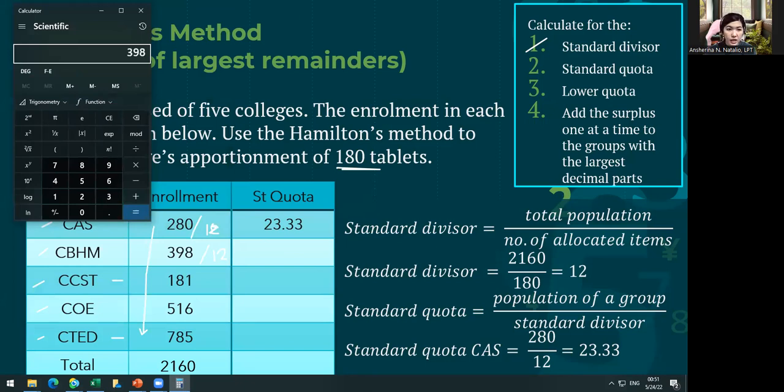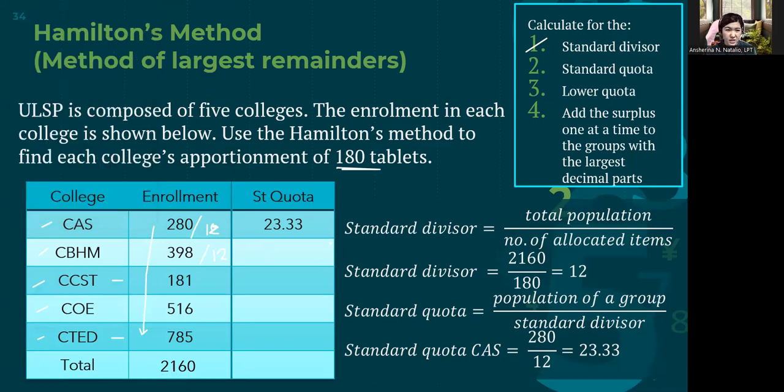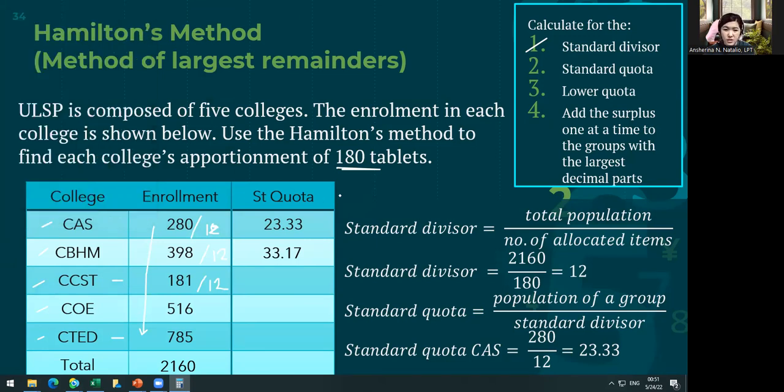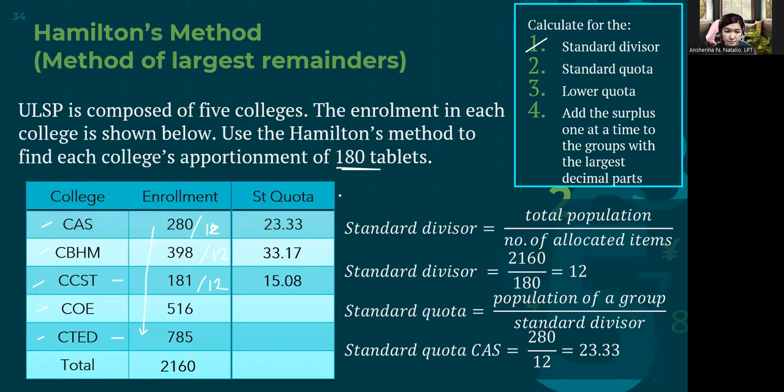So again, 398 divided by 12 ay 33.17. Okay, next, 181 divided by 12. So, pwede nyo akong pangunahan dito. Pwede nyo akong unahang mag-solve. Actually, you can try doing the rest of the steps if you can. So, 15.08.